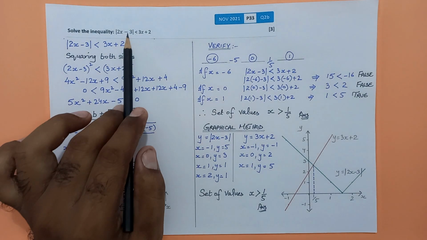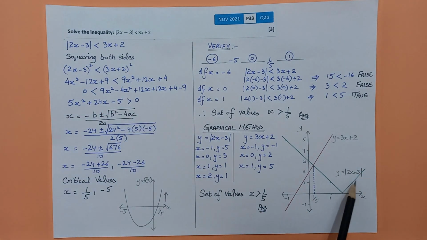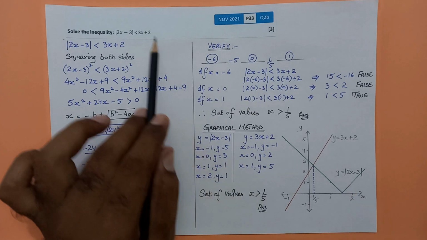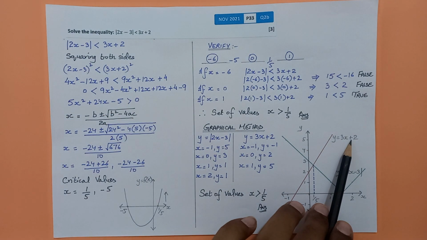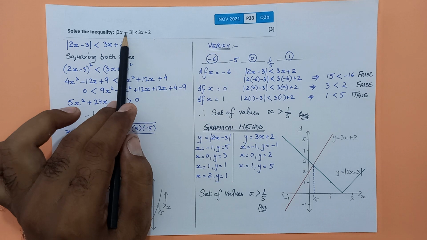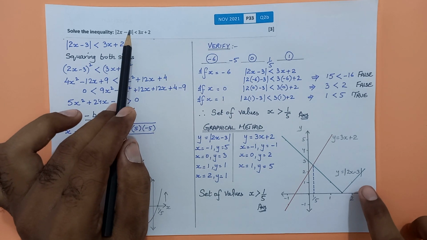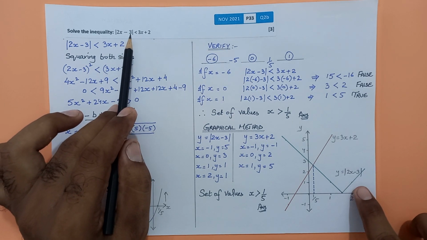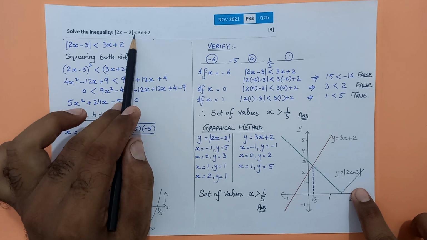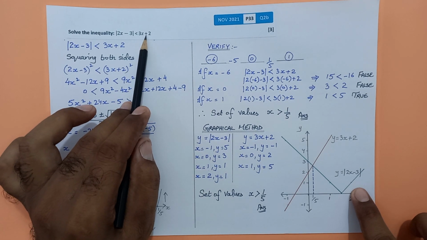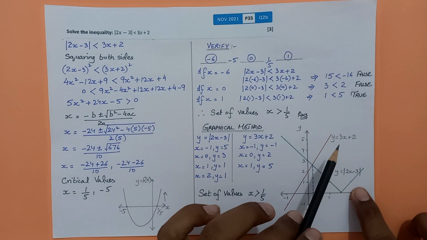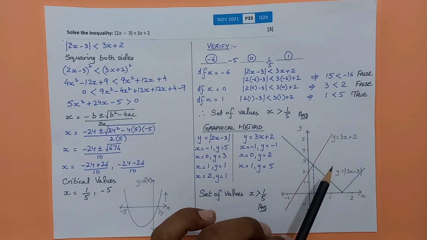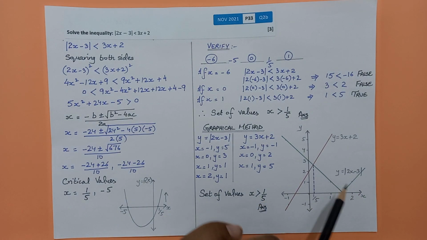Secondly, I have drawn the graph of 2x minus 3 modulus with a green line and 3x plus 2 with a red line. That means the green line represents the modulus expression, and the green line is to be less than the red one. Now observe the graph where the green line is less than the red line.